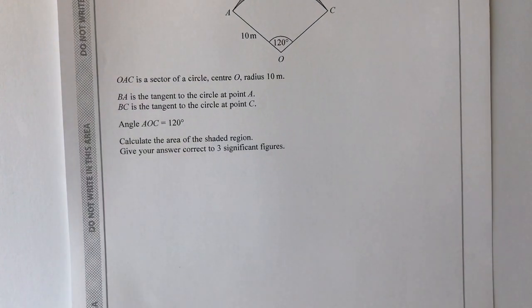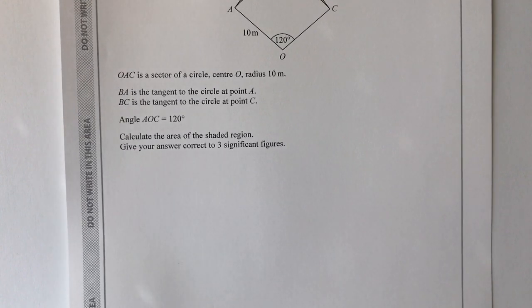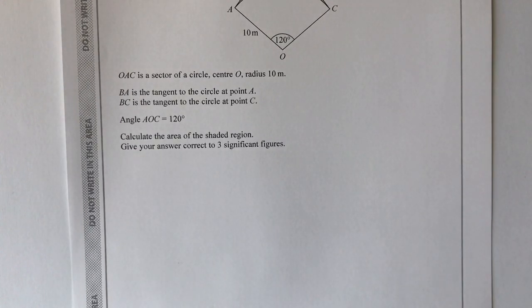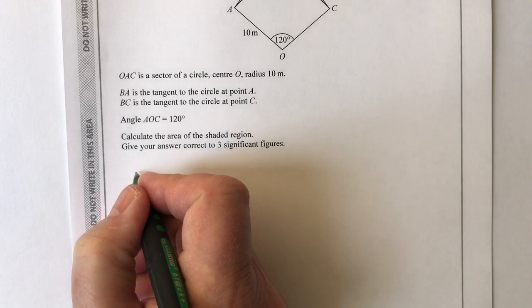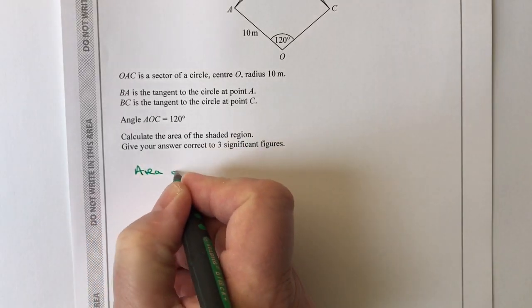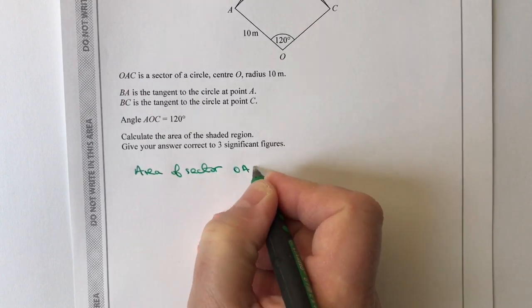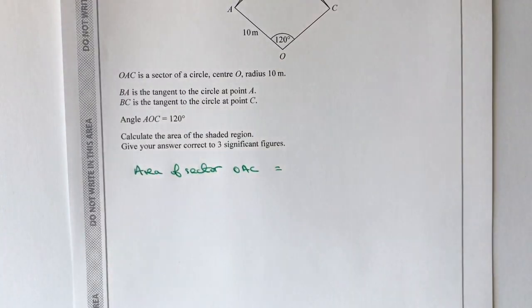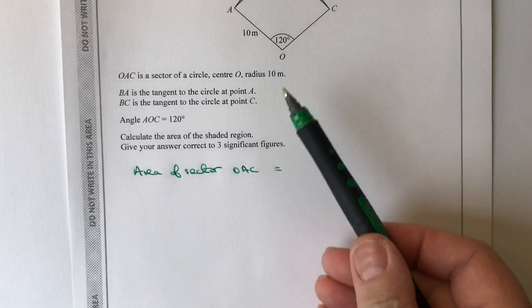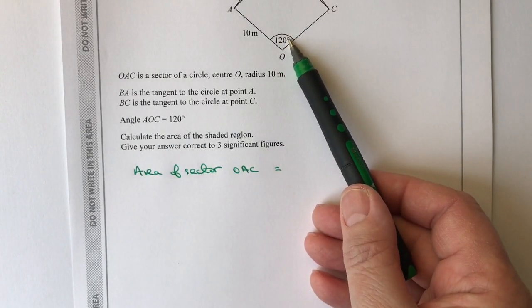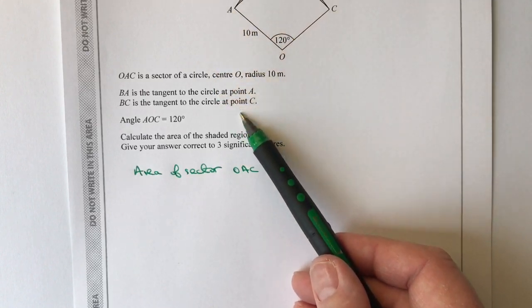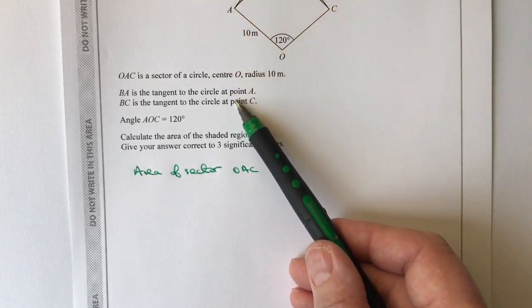I will be moving this up and down the screen a little bit, but hopefully you'll be able to see that what I'm looking at is the area of sector OAC. That's going to be a fraction out of 360 degrees, and we're told that it's 120. Imagine this is a full circle with a radius of 10.